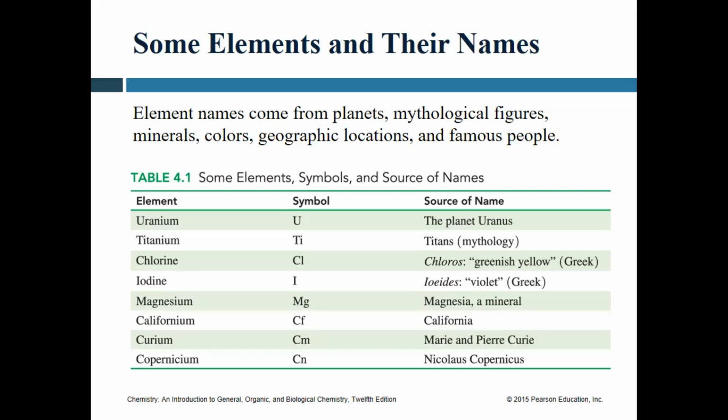Now, the naming of different elements actually has a very wide and varied history. There are a number of elements that are based in Latin and Latin roots. One of the common reasons for that is that, especially going back to the earliest days of science, Latin was the common language, or at least of the scholar.